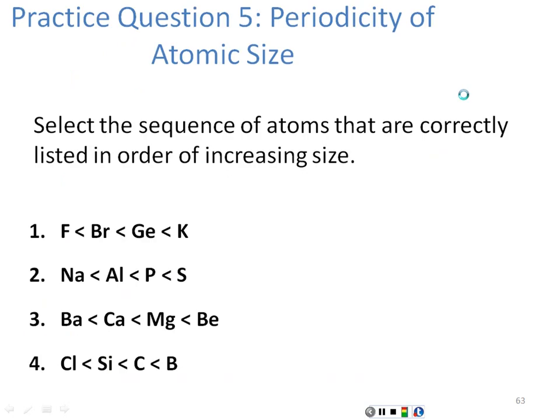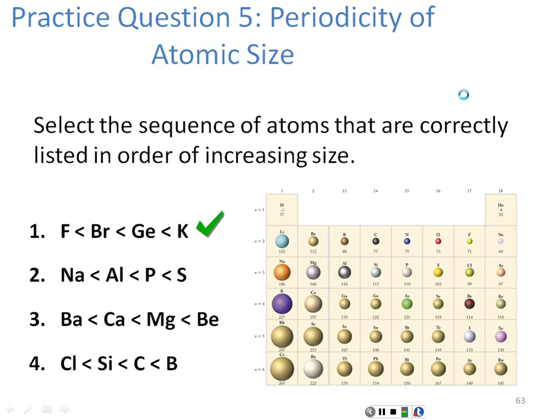So let's try a question, picking which sequence of atoms is correctly listed in the order of increasing size. And the correct choice here would be 1.